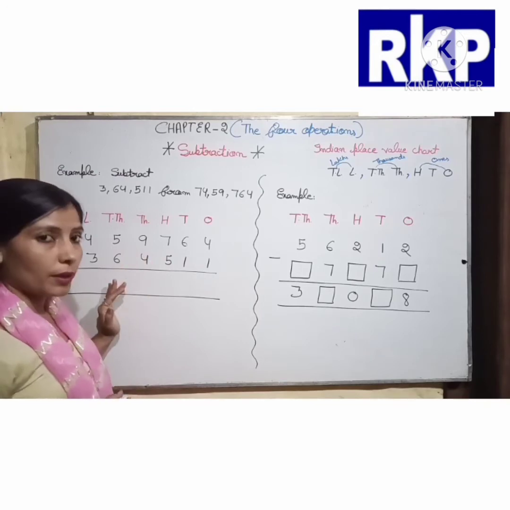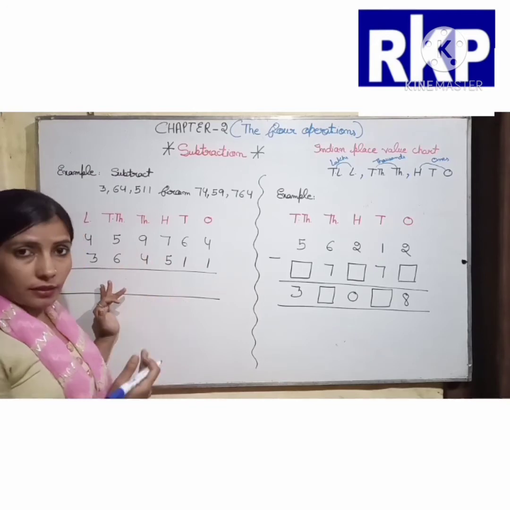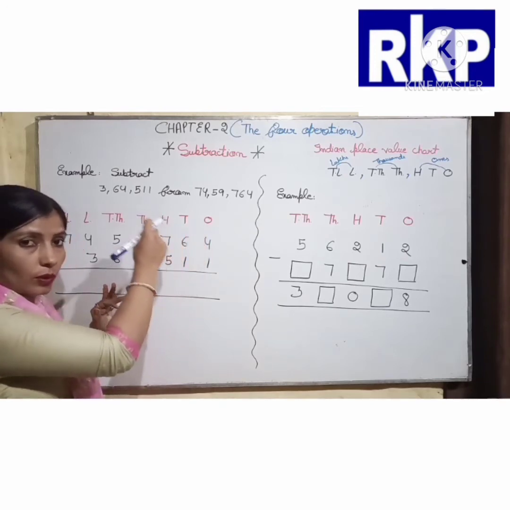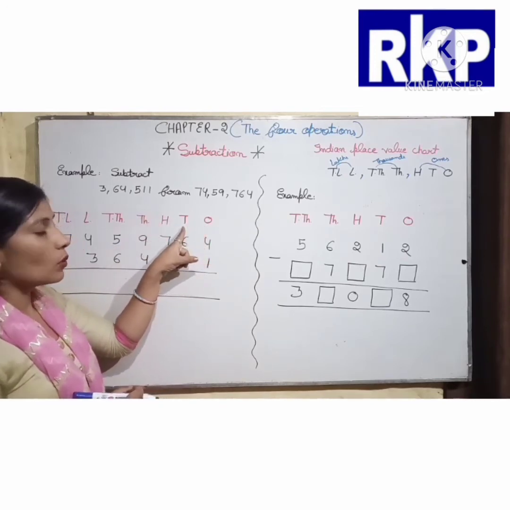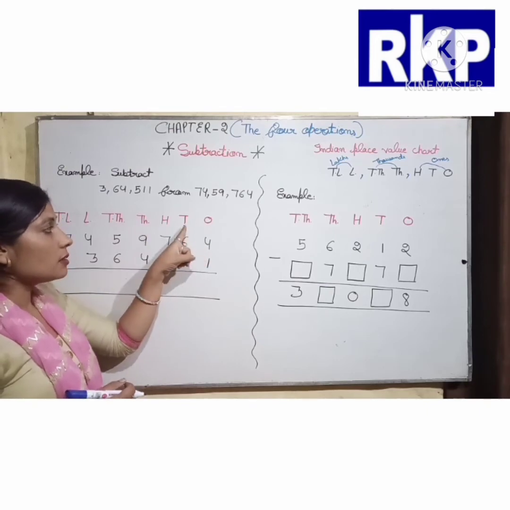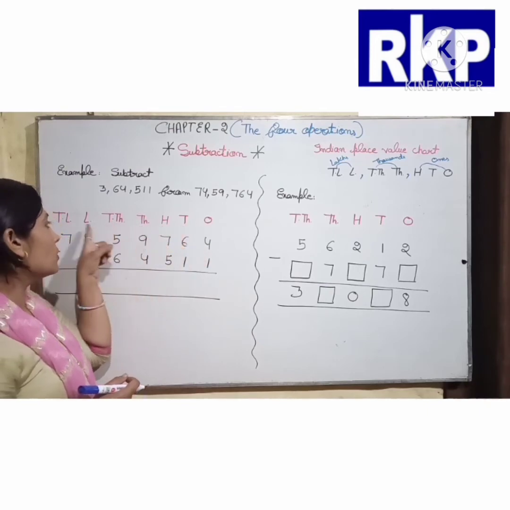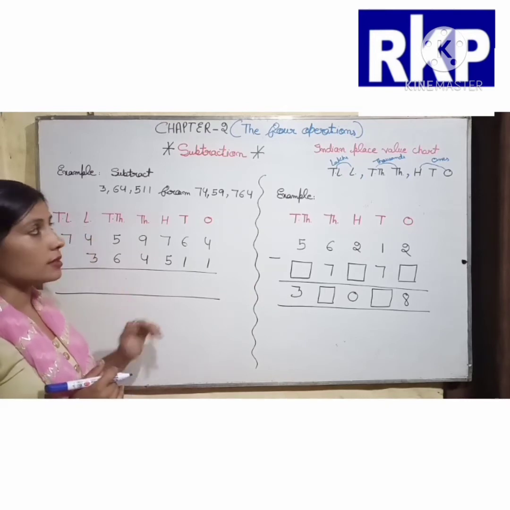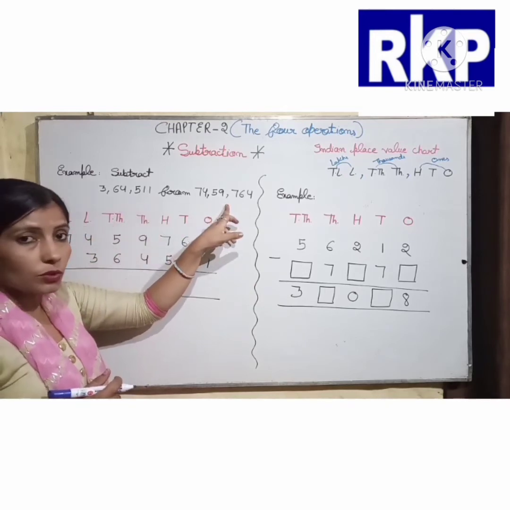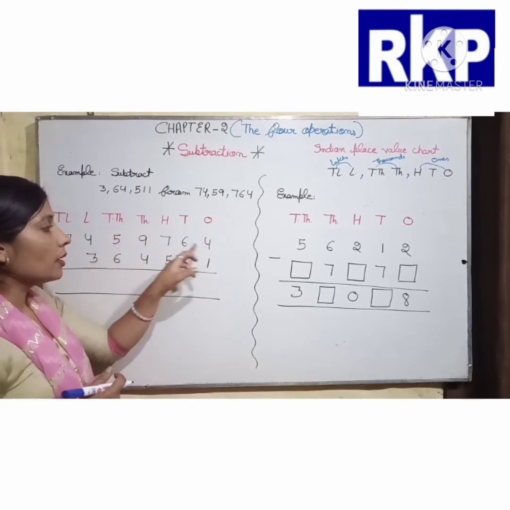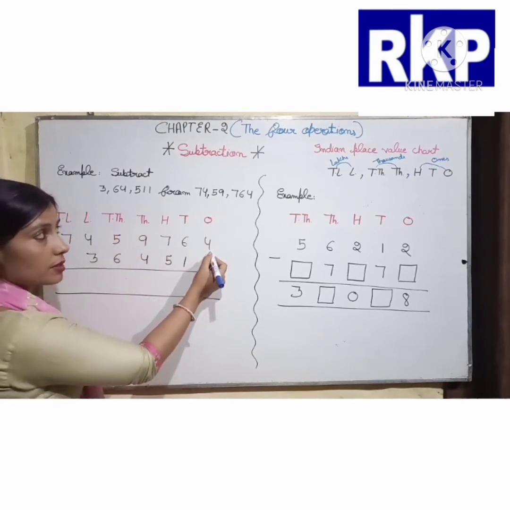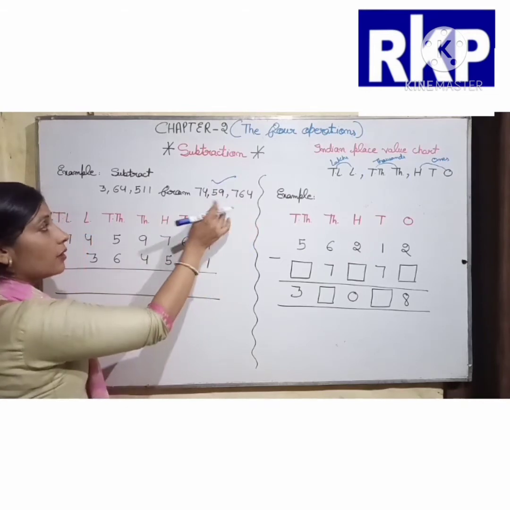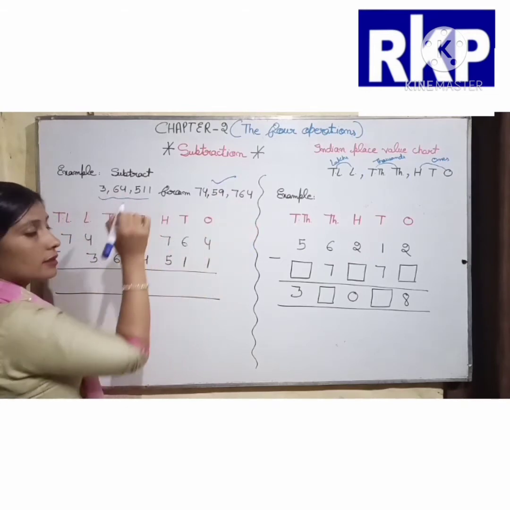But first of all beta, like addition, we have to write the places. Okay, so here I have already written the places: ones, tens, hundreds, thousands, ten thousands, lakh and ten lakhs. And now we have to arrange these numbers according to their places. Okay, here you can see, first we have to write this number on the upper side, and then we have to arrange this number.